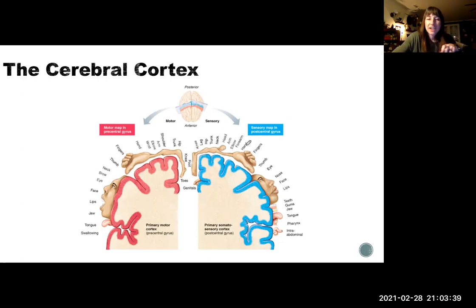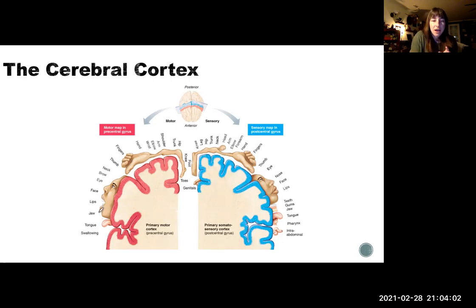So this is kind of showing you the relative sensitivity of all of your body regions. And this is kind of showing you how much detailed movement, how much effort needs to be placed, or how many motor units in terms of muscle goes into different parts of the body.